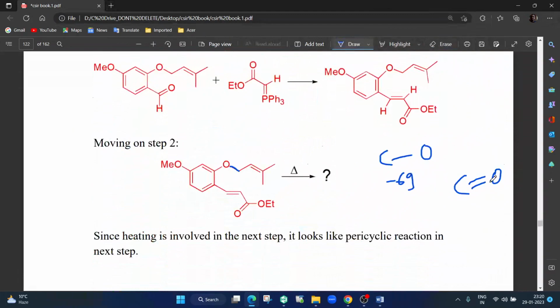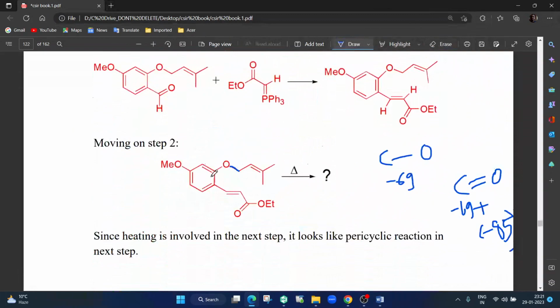But the pi bond is 69 plus, I think, 85 extra. So the pi bond releases more energy because it's not just orbital interaction, it also becomes charge-charge interaction. So more energy is released when the pi bond is formed, and therefore pi bond formation in carbon oxygen is a very strong driving force. So it will undergo what is called a 3,3 sigmatropic rearrangement.